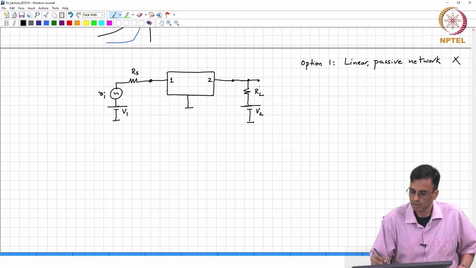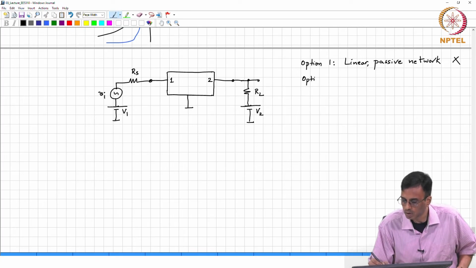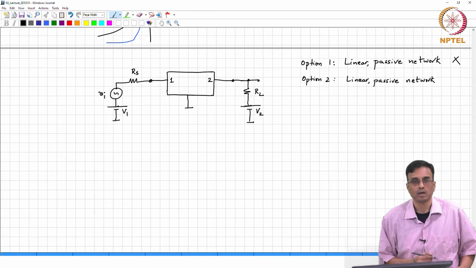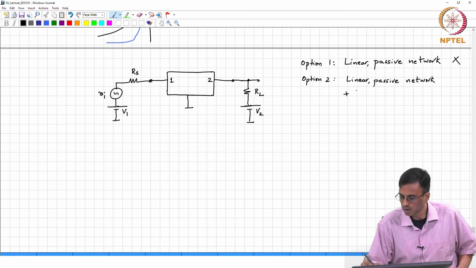Can this option 2, linear passive network, plus 2 sources of energy, of power, energy, whatever.